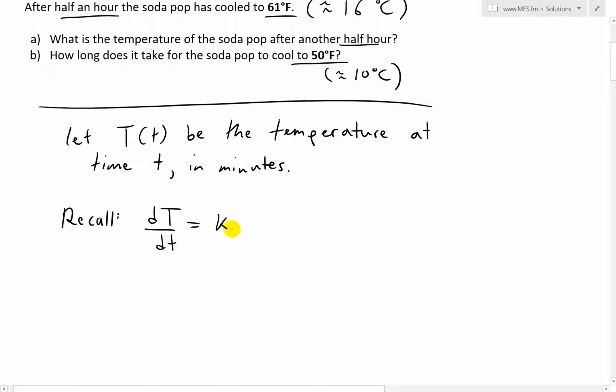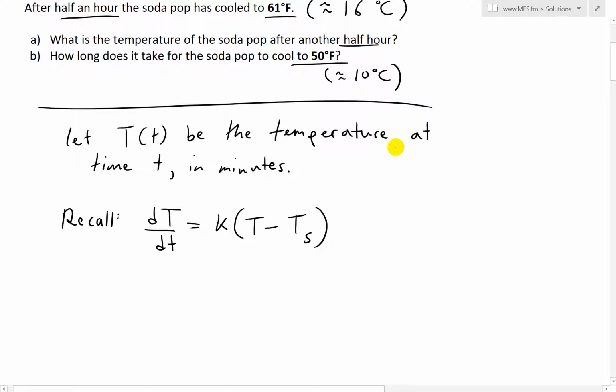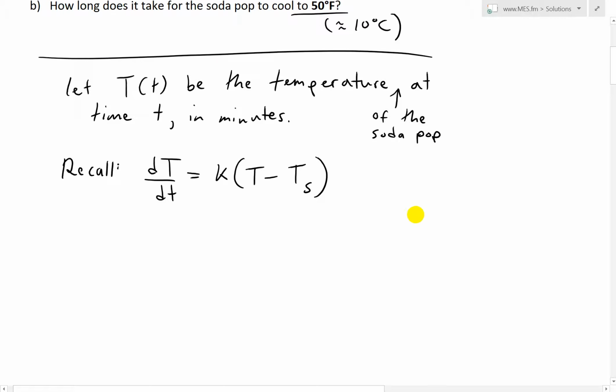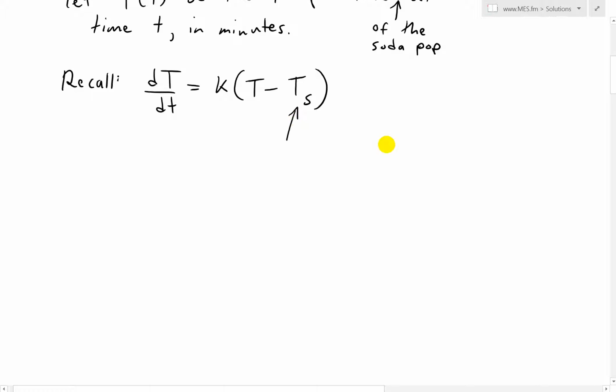So dT/dt equals k times (T minus T sub s), where k is a proportionality constant and T sub s is the surrounding temperature, and T is the temperature of the soda pop. Right when you place it inside the fridge, the surrounding temperature is T sub s. I went over this in my last video, so make sure to check that out.